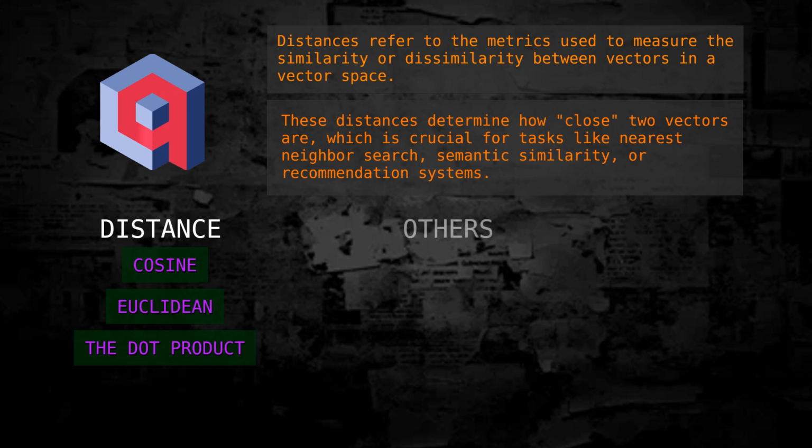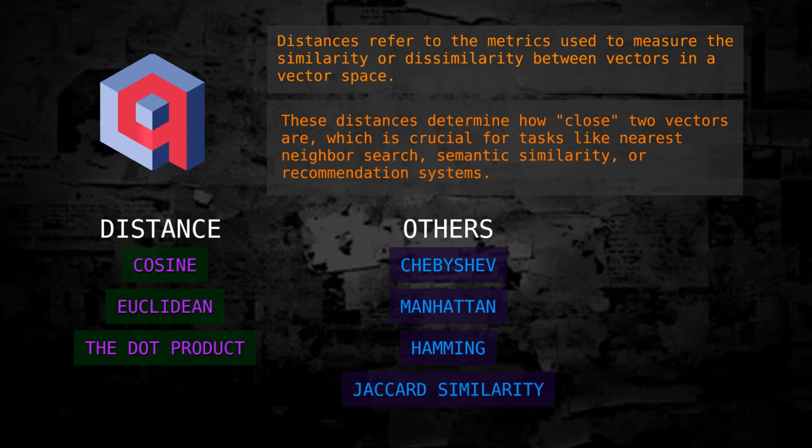And there are other similarity metrics too, such as Hamming, Manhattan, Chebyshev distance, or Jaccard similarity. But Cosine, Euclidean distance, and the dot product are the most common and they are supported by Qdrant. I will make a special video on vector databases at some point.